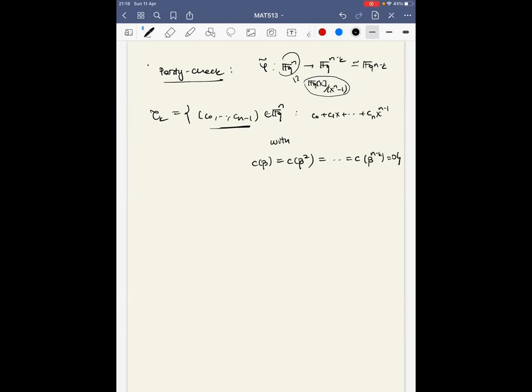Or we can write these conditions as a system of linear equations.